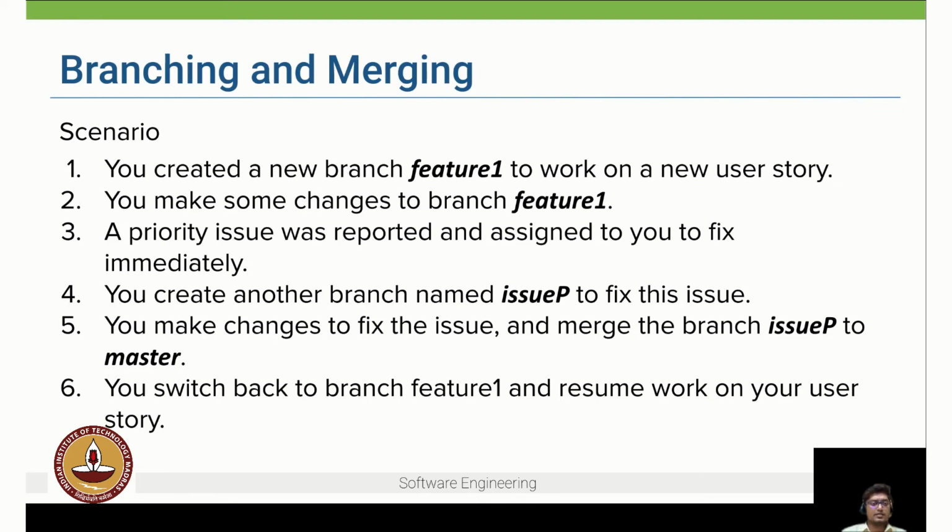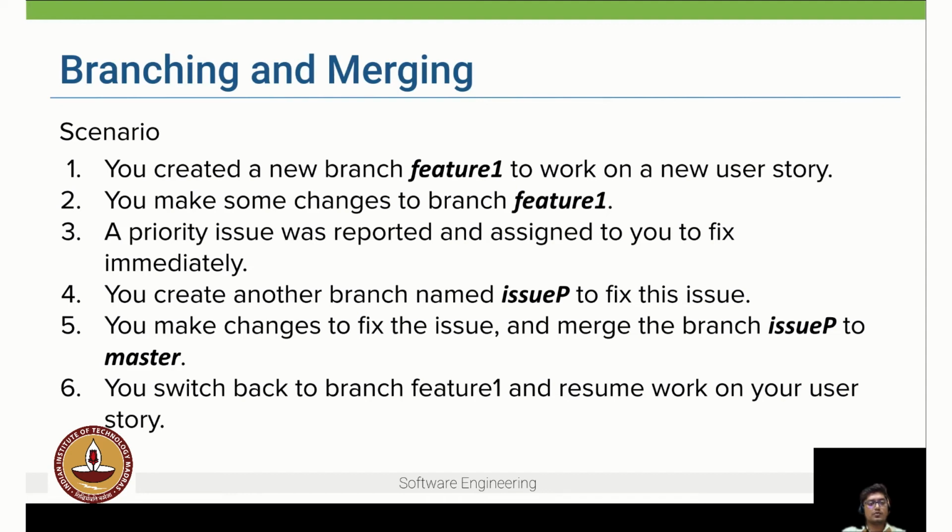So the scenario is: you created a new branch named feature 1 to work on a new user story. You make some changes in feature 1, but you have not yet merged those changes to the master branch. Before merging, while you are still working on the user story and have not done the complete changes, a priority issue is reported and assigned to you, and you have to fix that immediately.